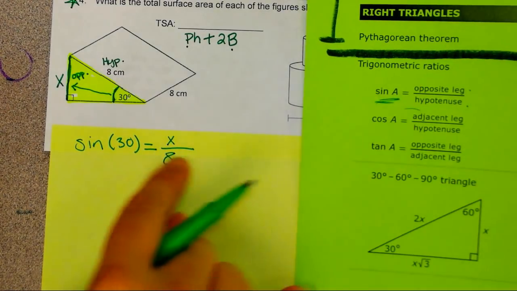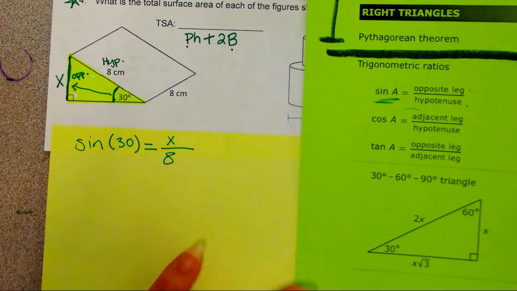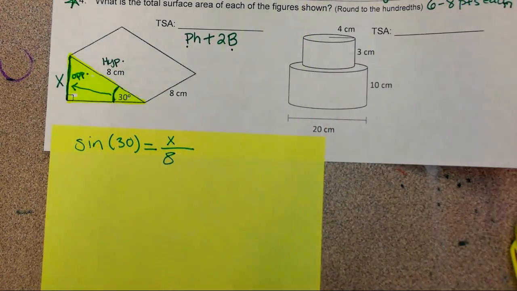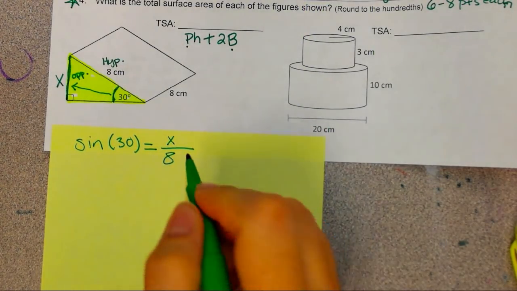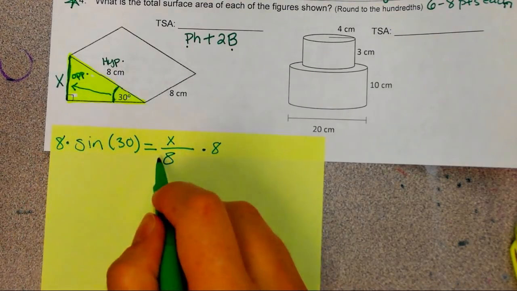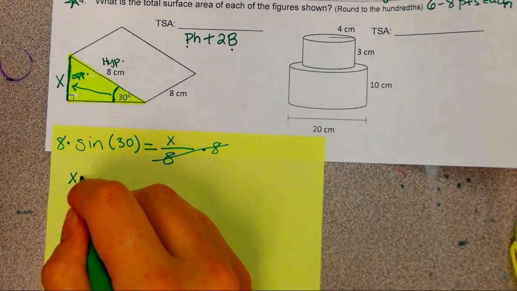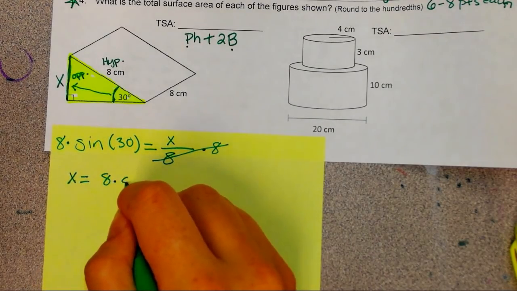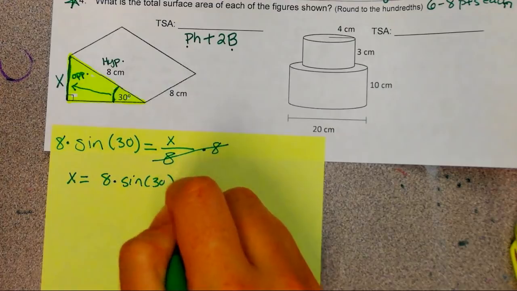Sine of A, opposite over hypotenuse, so sine of 30, opposite over hypotenuse. Okay. All right, once we get to this step, we need to get x by itself. So the way that I would do that in this case is I would multiply by 8 on both sides. Those cancel, and you have x is equal to 8 times the sine of 30.